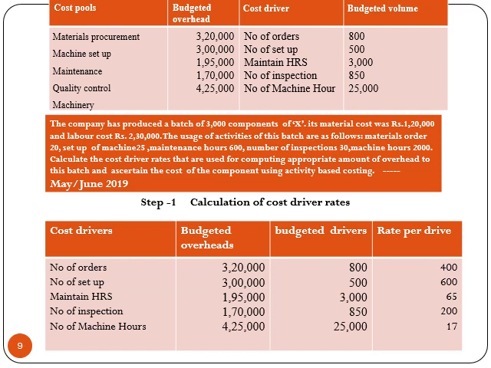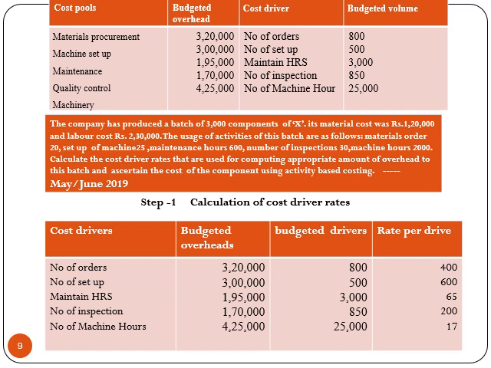As we have already discussed, rate per driver is nothing but the budgeted overhead divided by budgeted drivers, or the volume of the drivers. That is 3,20,000 divided by 800 is 400 rate per driver. Next 3 lakh divided by 500 is 600 per driver.